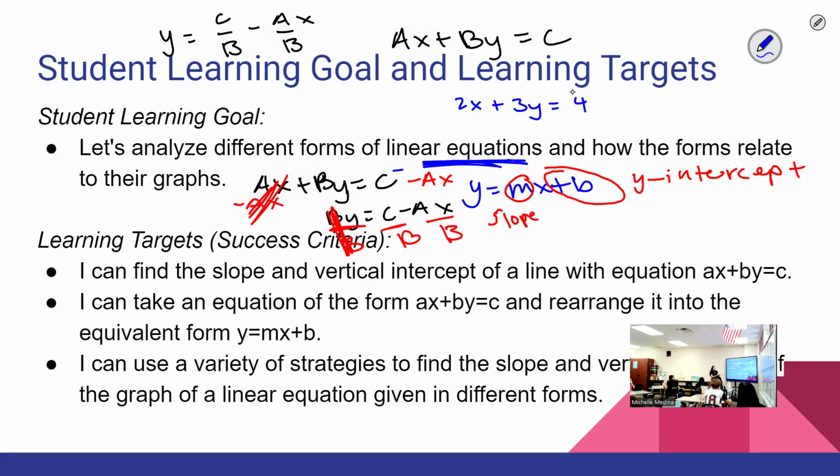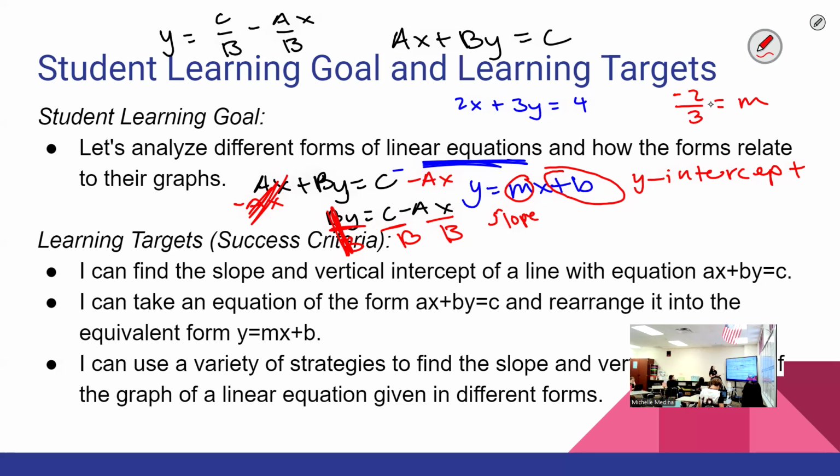If I want the slope without having fully rearranged it, I could just remember that it's whatever negative A is over B. And that's my slope. Without really rearranging the whole thing.